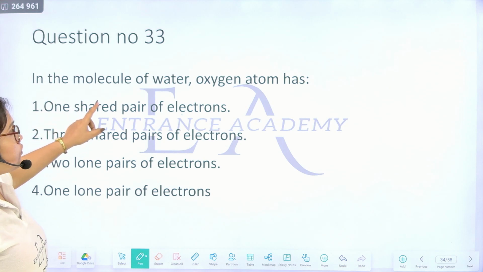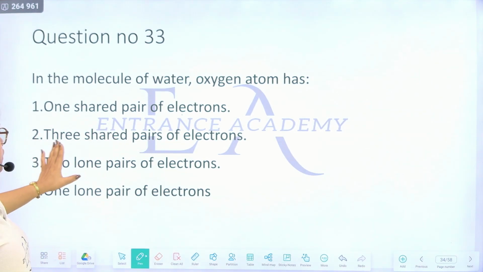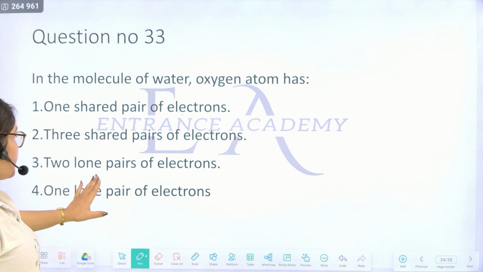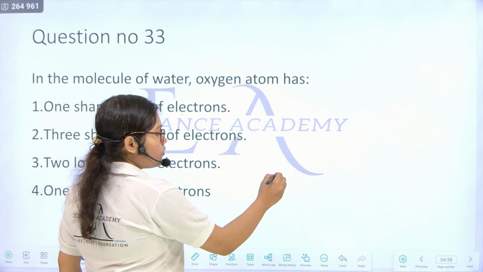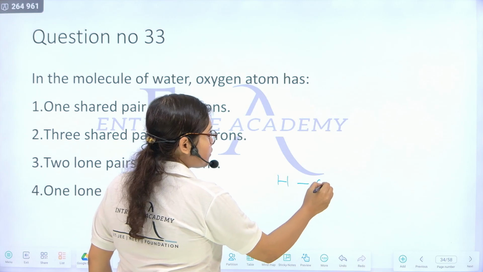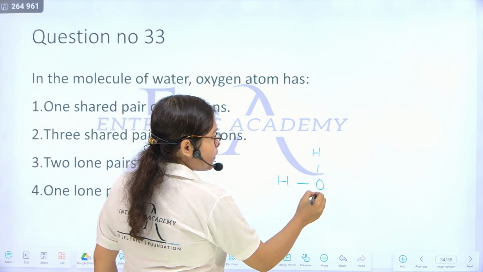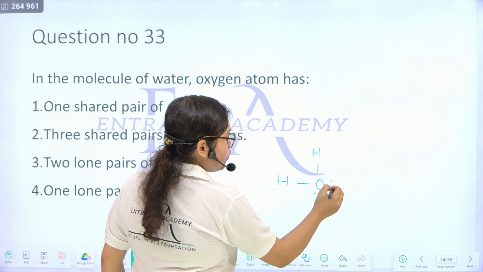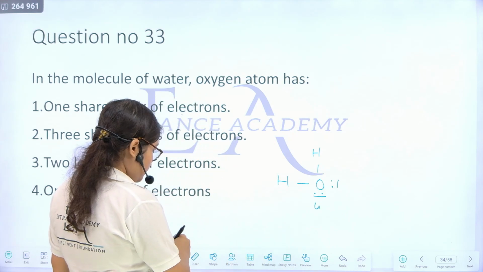In the molecule of water, oxygen atom has 1 shared pair of electrons, 3 shared pairs of electrons, 2 lone pairs of electrons, 1 lone pair. This is the structure of water molecule where we have lone pairs.